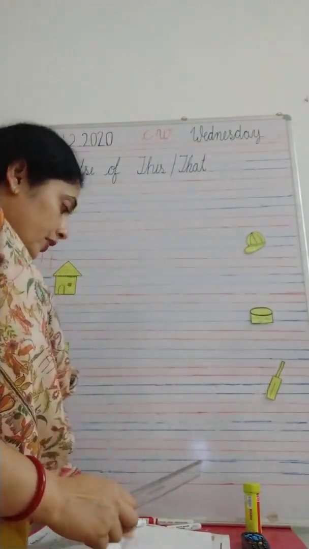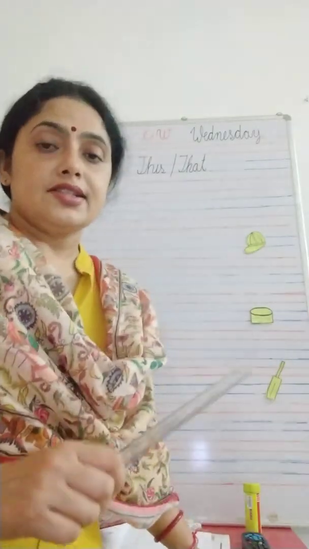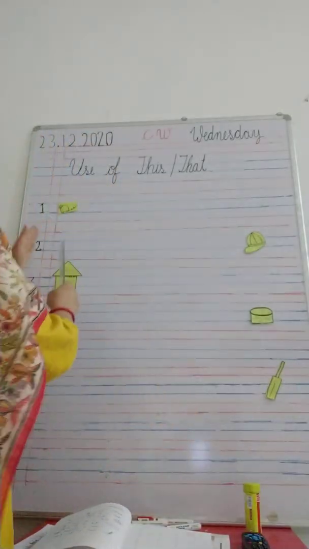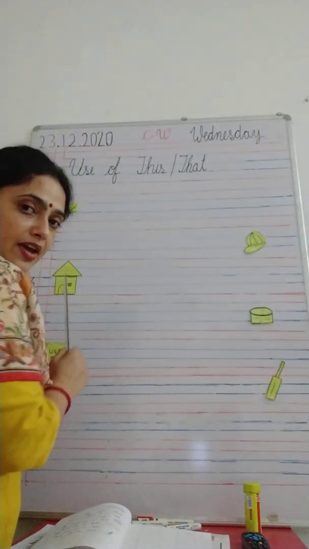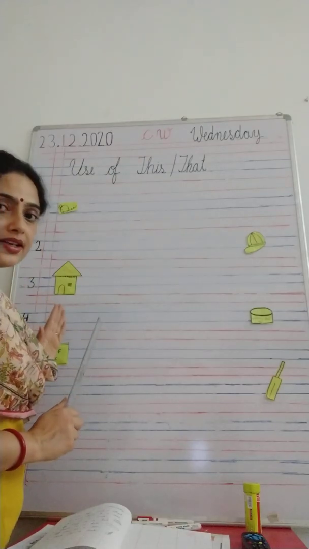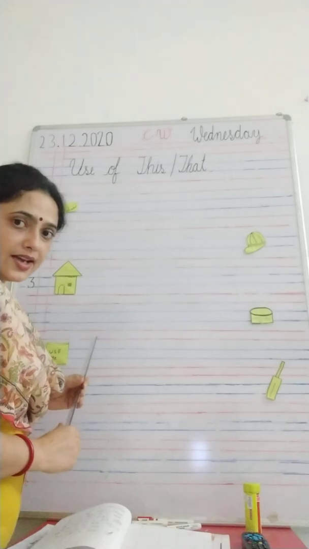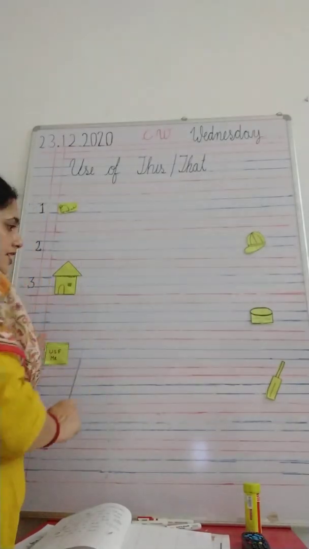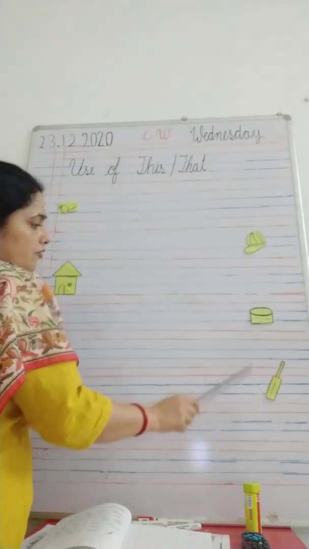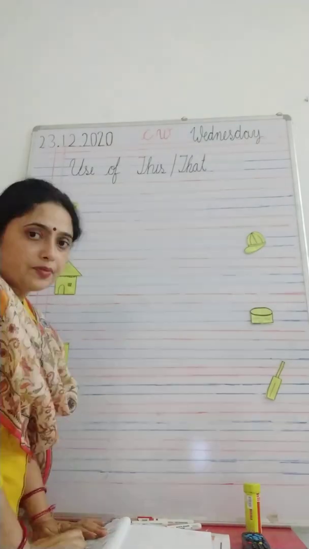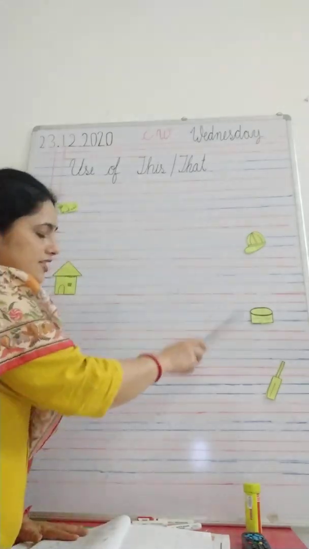Okay, now see, there are some pictures near me. These pictures, where I am standing, are near to me. And these pictures are a little far from me. These are near to me and these are far from me.